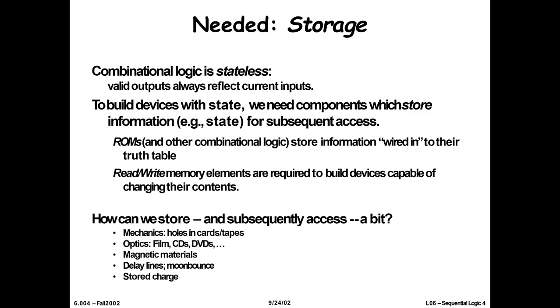So our sequential logic will have feedback. Feedback is a very important idea. So we need storage, and storage comes from feedback. Combinational logic is stateless, but to build devices with state, we need circuits which can store.